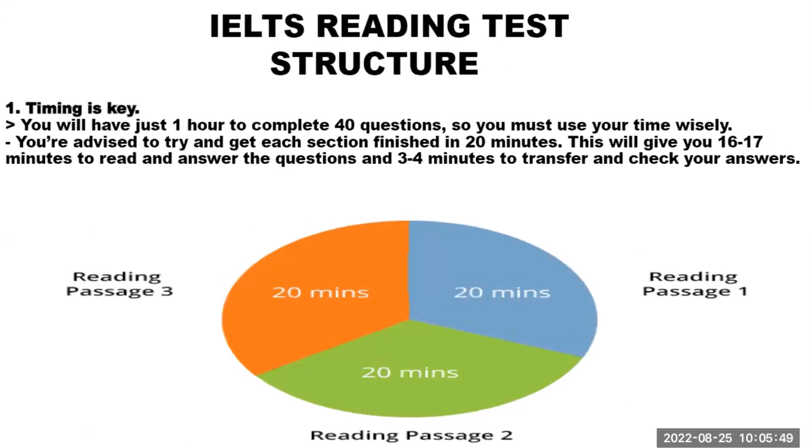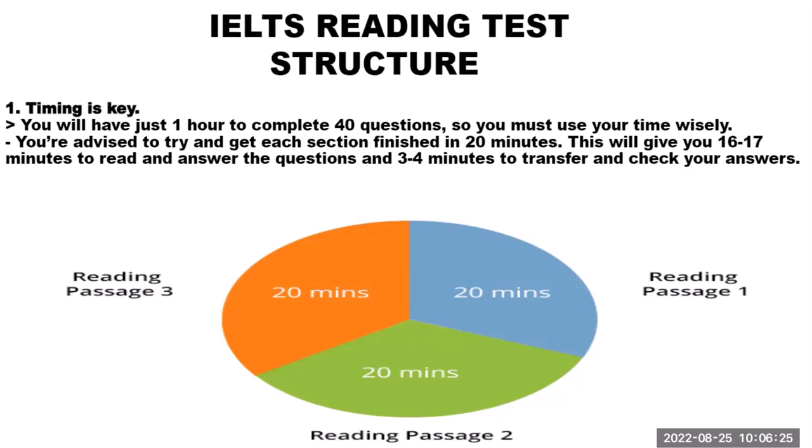Now let's look at the IELTS reading test structure. As you can see in the infographic here, you have 3 sections, of course, 3 passages for each section of the reading test: reading passage 1, reading passage 2, and reading passage 3. And each of them will last for 20 minutes. So altogether, you are going to have just 1 hour. That is 60 minutes. So timing is key.